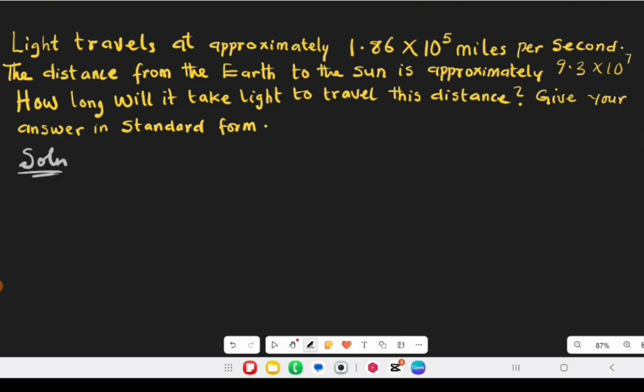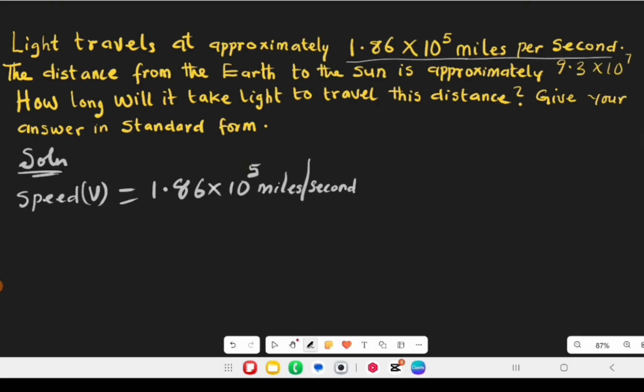Solution. This is where mathematics interweaves with physics. Light travels approximately 1.86 times 10 raised to the power of 5 miles per second, which is the speed denoted by capital V, equal to 1.86 times 10 raised to the power of 5 miles per second.